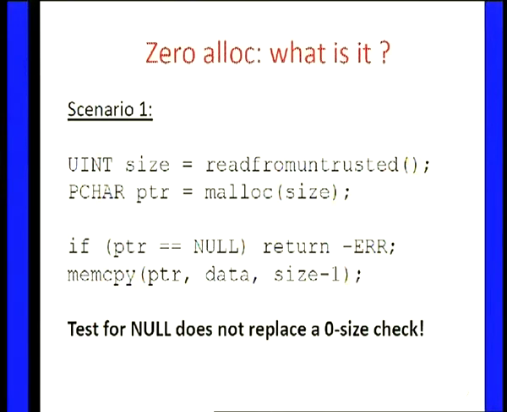The thing is, when you pass a size of 0, the behavior is implementation defined. It's not specified by ISO C99 whether you need to return a null pointer or a valid pointer, etc. So it's basically up to the implementation.